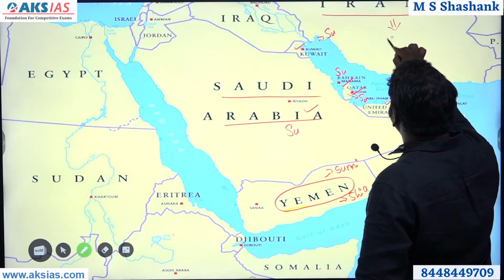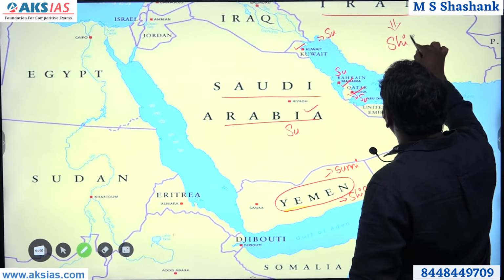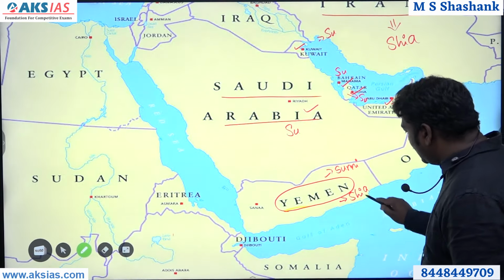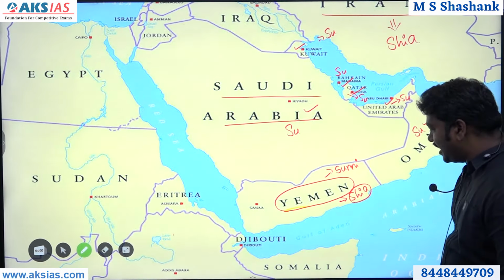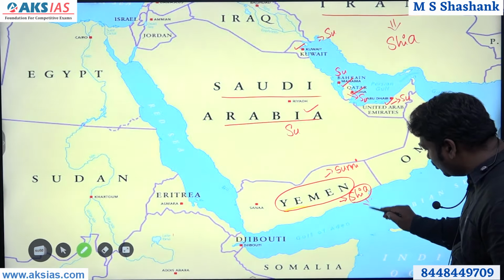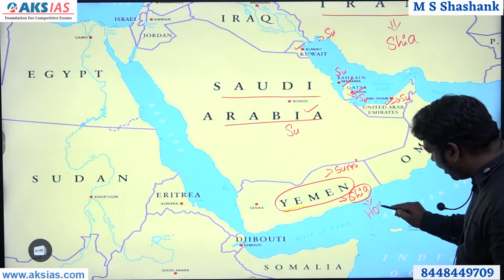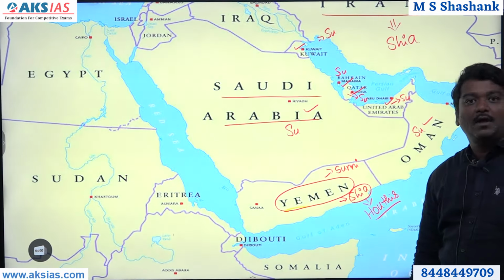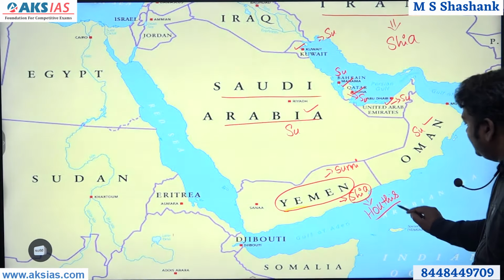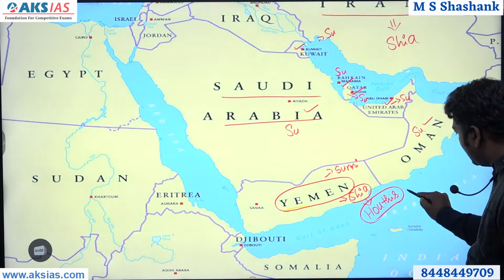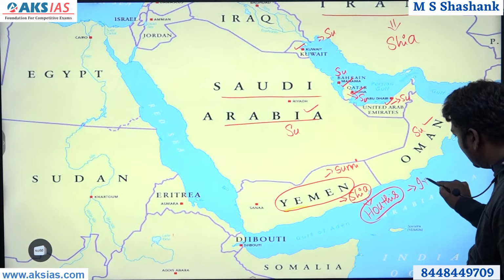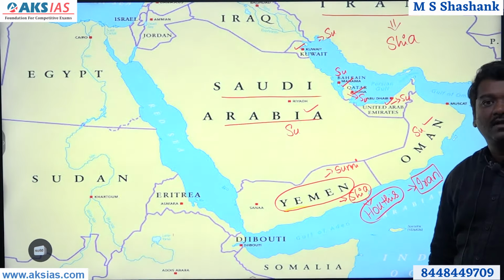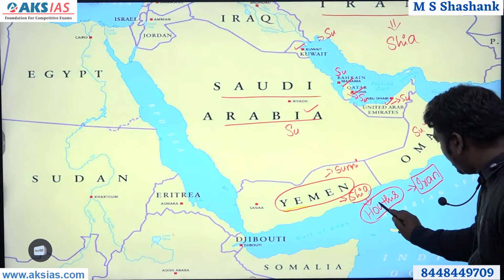It is Shia dominant and it is a leader of Shia. Now it is believed in Yemen you have a Shia group called Houthis. And these Houthis get their funds and are directly related to Iran. You see, Shia, Houthis, Iran.